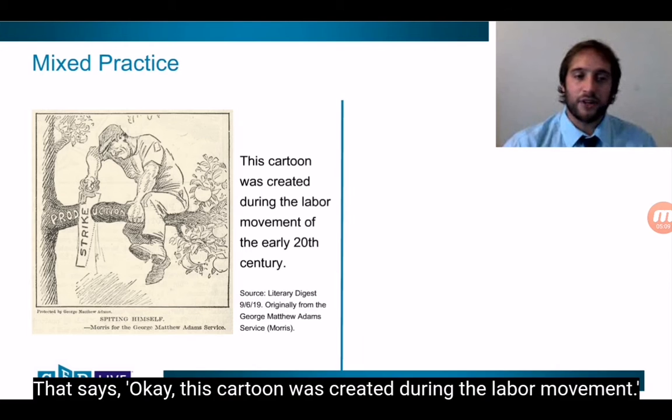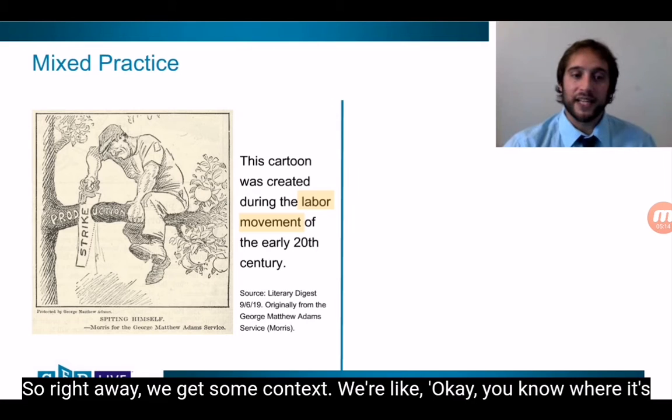And it says, okay, this cartoon was created during the labor movement. So right away we get some context.